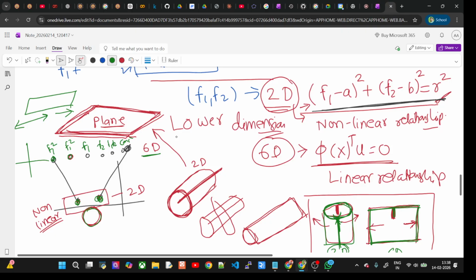For example, we took f1 and f2, two variables in two dimensions. If you project them to the higher dimension, they become linear. Once linear, you do PCA there and then you will get the answer.